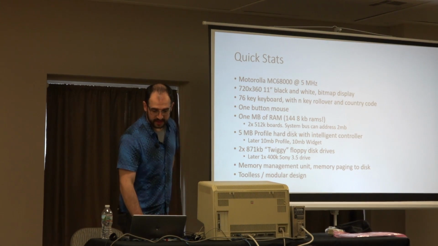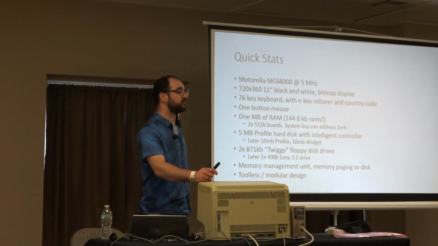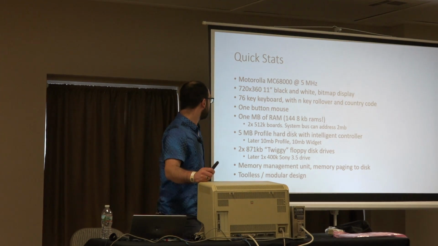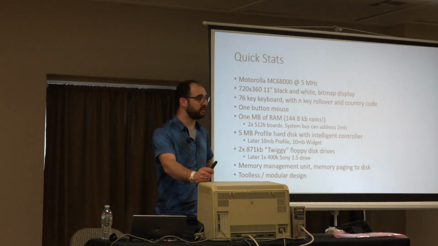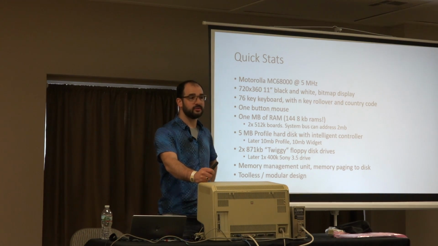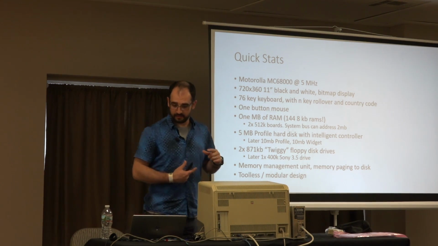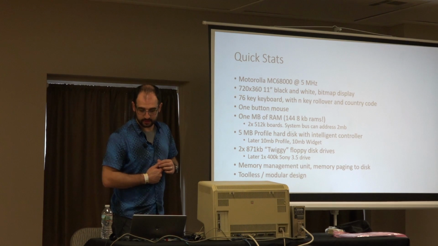The original machines had a product from Apple's disk division called Twiggy disks. Apple figured out how to squeeze 871 kilobytes of data onto a high-density floppy disk. We'll talk more about that a little bit later.